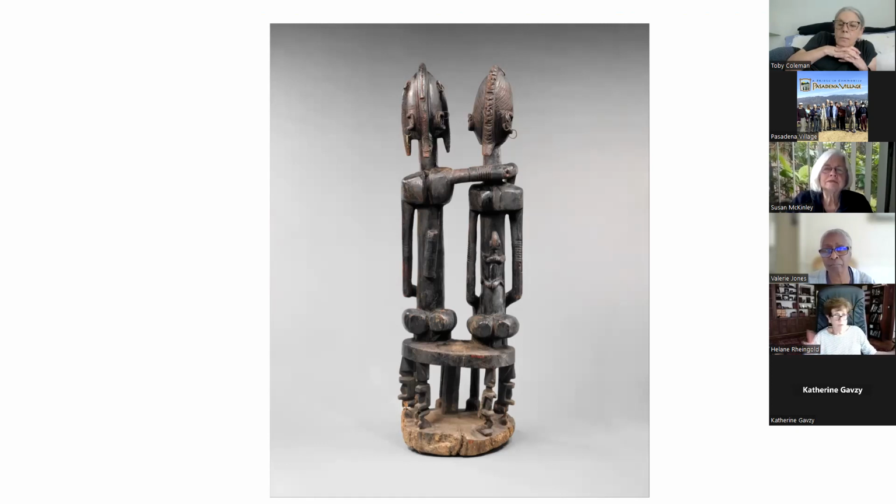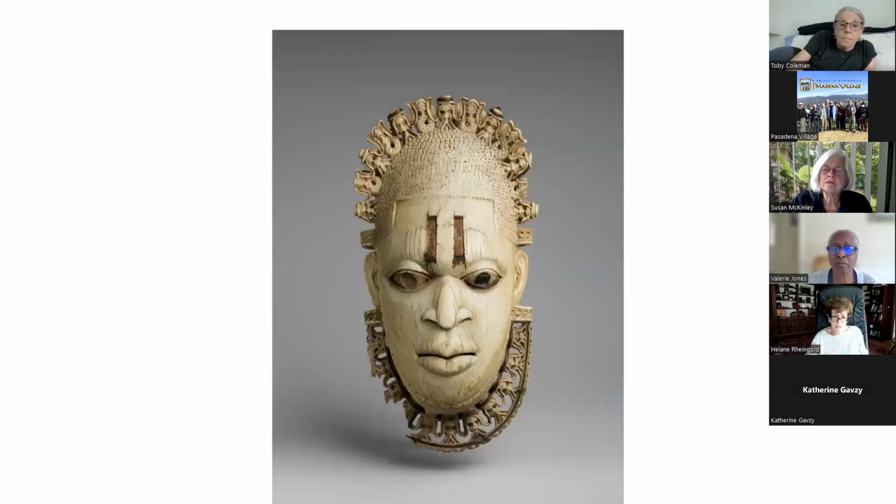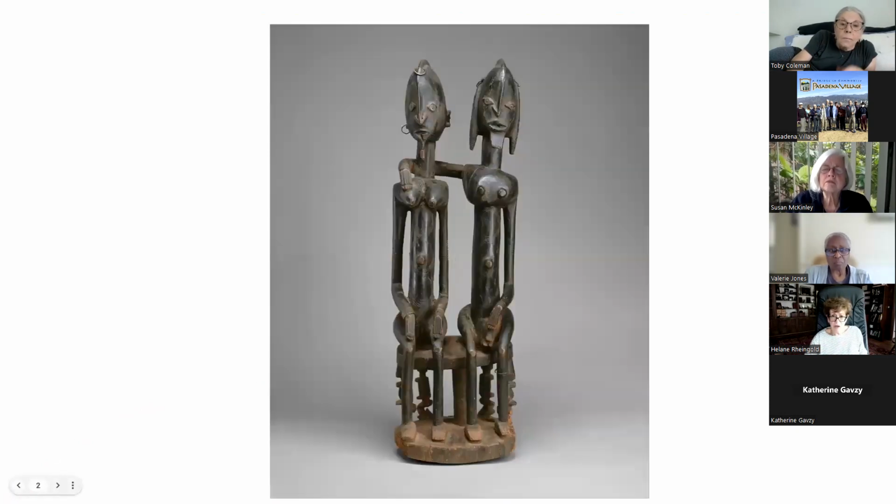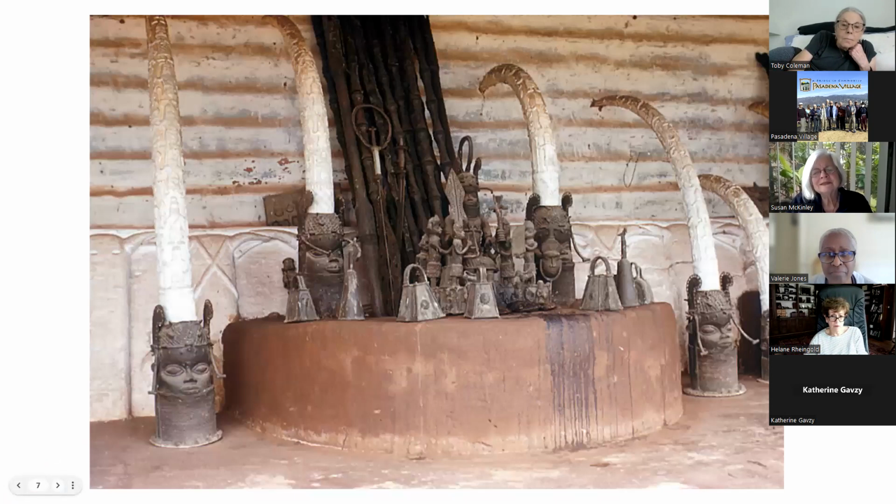Anybody else? We're so quiet. Did anybody have a piece that they would love to have in their home? This one, the Dogon? The Dogon couple's gorgeous. You would like to have the Dogon. Yeah. I would love the tapestry. And you would like the El Anatsui.